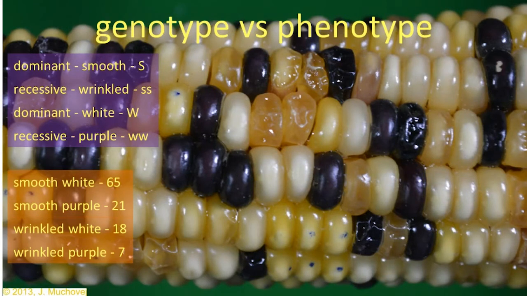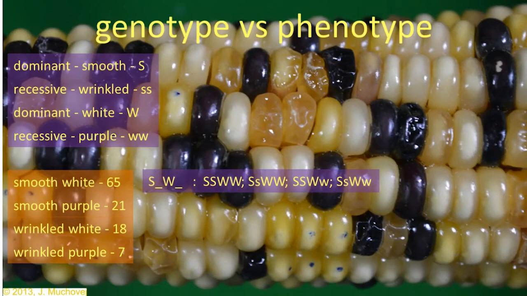So if we look at the different materials we get, we can figure out that smooth white means that what we need is 1 copy of the capital S and 1 copy of the capital W in order to get a smooth white kernel, which gives us the possibility of having a capital S capital S capital W capital W, a capital S lowercase s capital W capital W, a capital S capital S capital W lowercase w, and a capital S lowercase s capital W lowercase w.